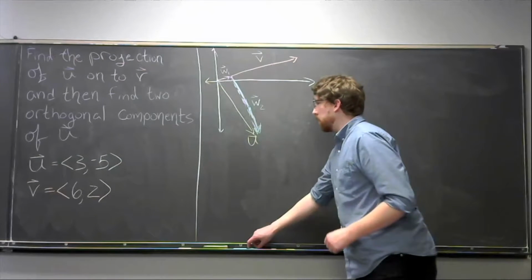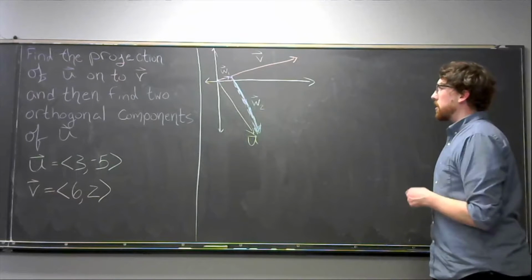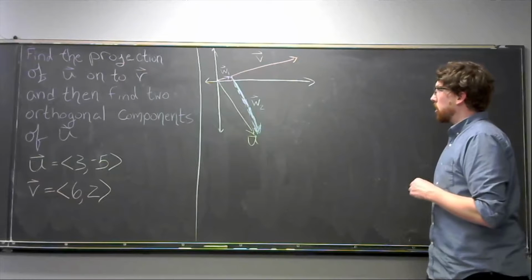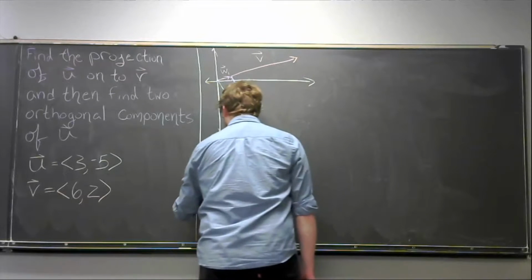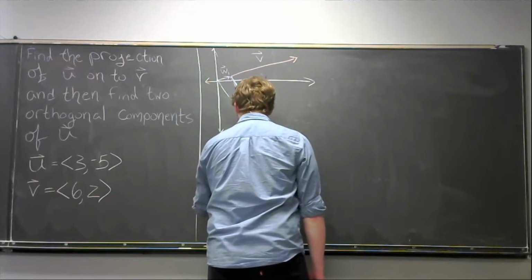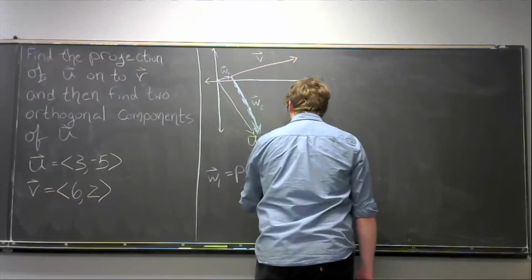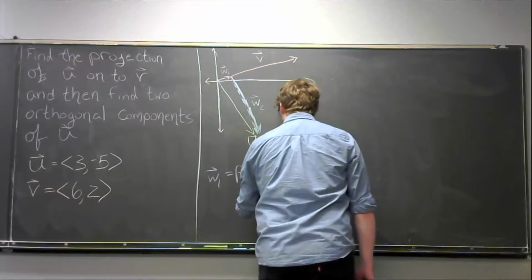What we're going to do is we're going to say, all right, from just a second ago, we know that w1, the vector w1, is equal to the projection of u onto v.